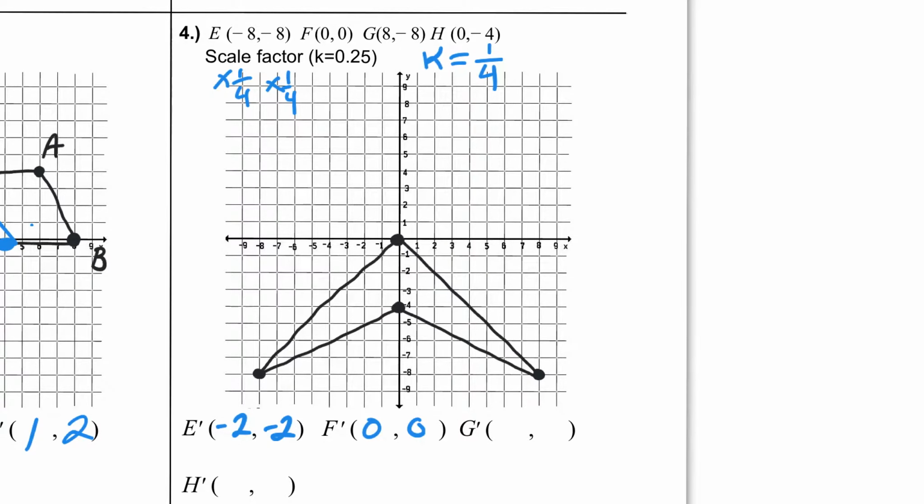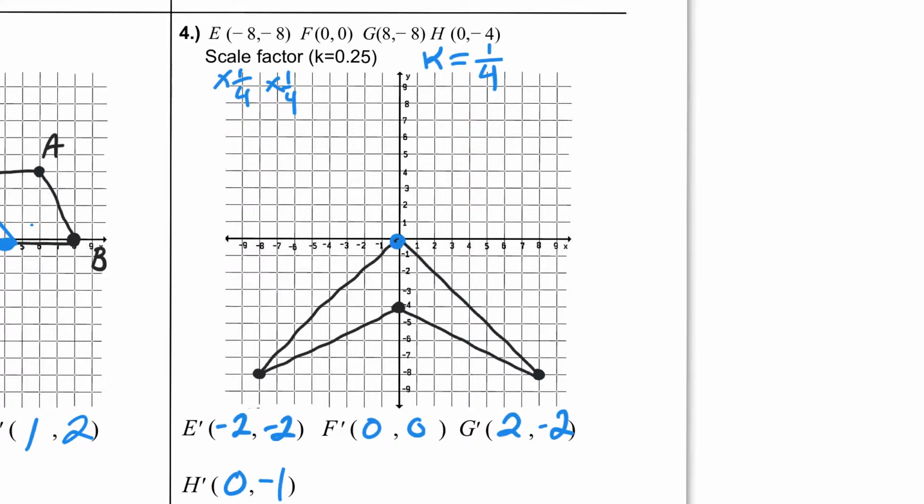And -8 divided by 4 is going to equal -2. So we're looking at the point 2, -2. And for H, if we multiply the coordinates of H by 1/4, we should end up with a 0 and a -1.